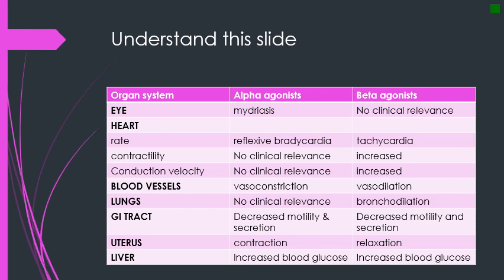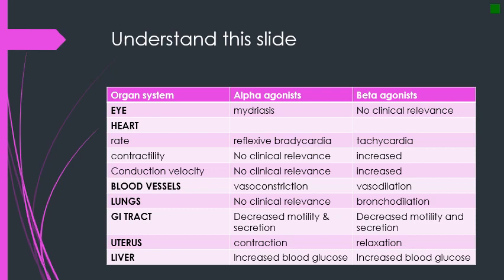In the heart, we know that when you provide alpha agonism, it can cause a reflexive bradycardia from that baroreceptor response from tightening of those large vessels and the resulting bradycardia that occurs.